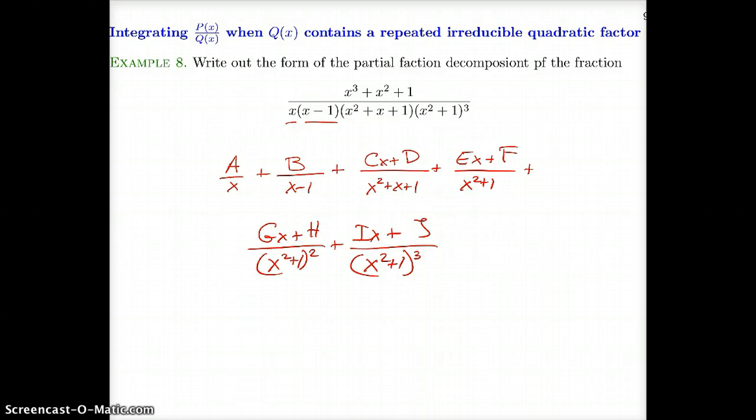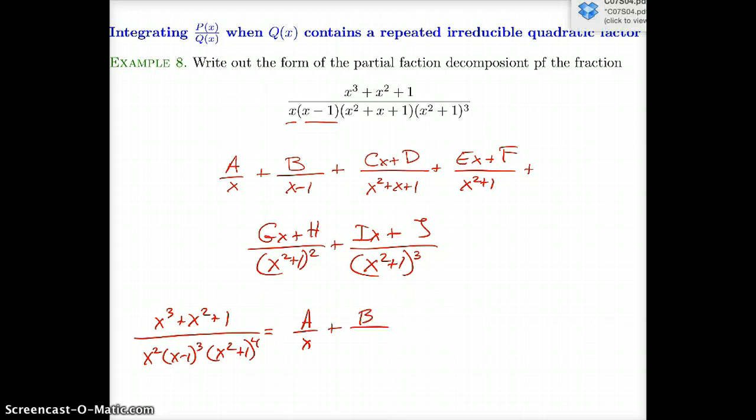Okay, and if I'd had (x cubed plus x squared plus 1) over x squared times (x minus 1) cubed times (x squared plus 1) to the 4th, then that would be A over x plus B over x squared, because I have x squared twice, so I get 2 terms for that.